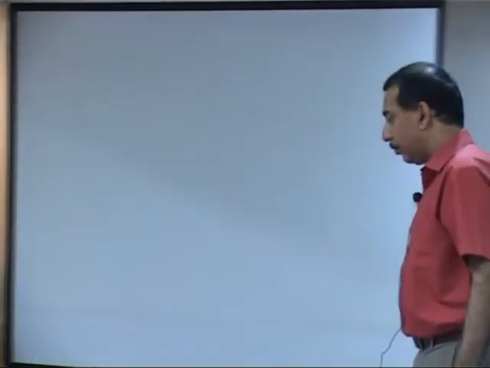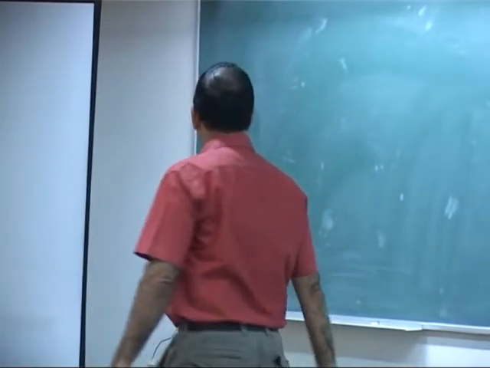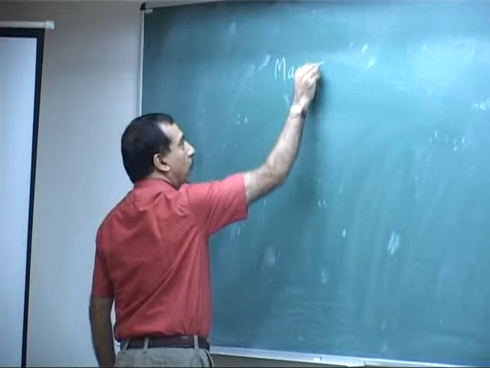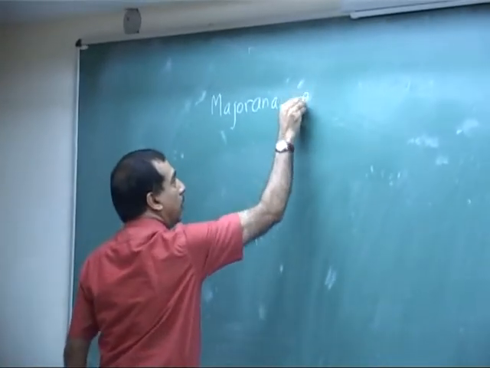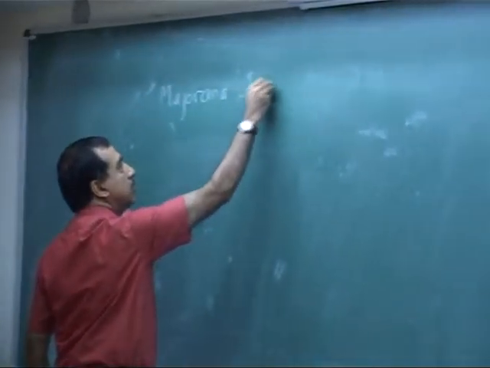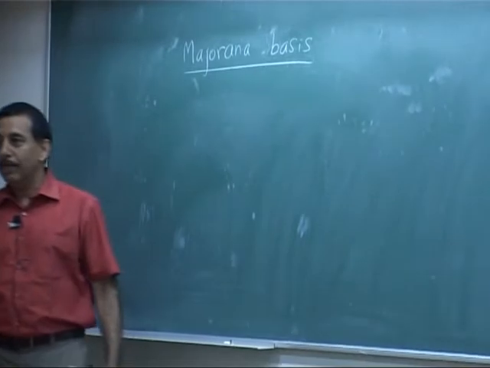Now, one comment I wanted to make about the Majorana representation before I go on. This point about basis, not representation, is not commonly made in books except books or articles on supergravity, of all things.